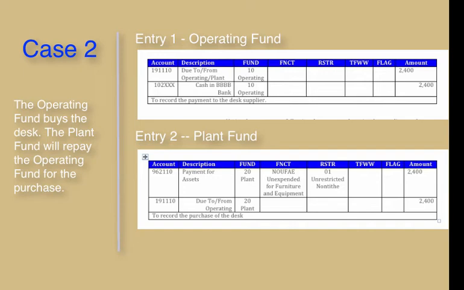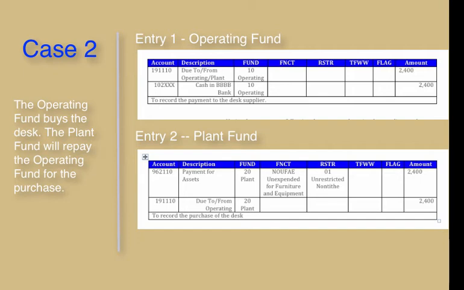Now in this entry, notice that we're using a function for unexpended for furniture and equipment. The unexpended side of the plant fund is the side that owes the money to the operating fund. Remember that the liquid resources to be used for the purchase of fixed assets move from the operating fund into the unexpended plant fund. And then later on, when the liquid asset is turned into an actual asset, the money moves from unexpended into invested in plant.